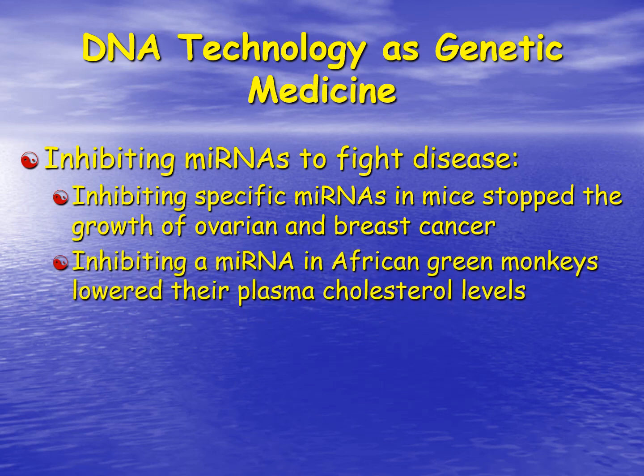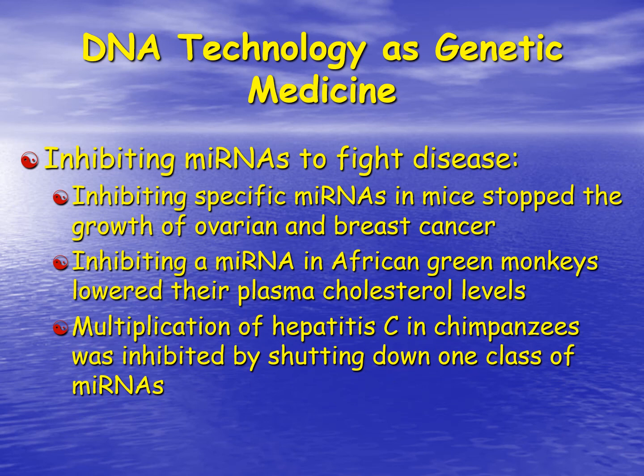And inhibiting a microRNA in African green monkeys actually lowered their plasma cholesterol levels. Multiplication of hepatitis C in chimpanzees was inhibited by shutting down one of the classes of microRNAs within their cells.